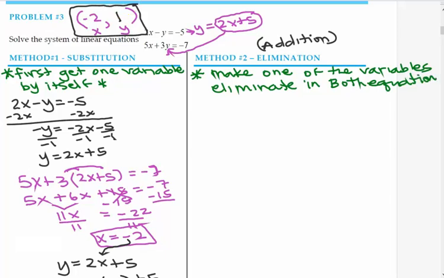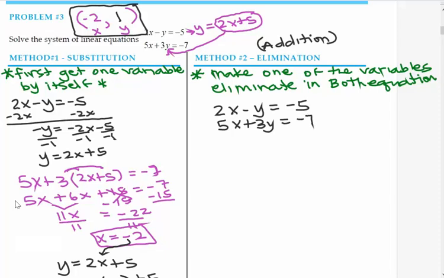Okay, so I'm going to write these down underneath here again so we can see it a little bit easier. We've got 2x minus y equals negative 5. And then our other one is 5x plus 3y equals negative 7.